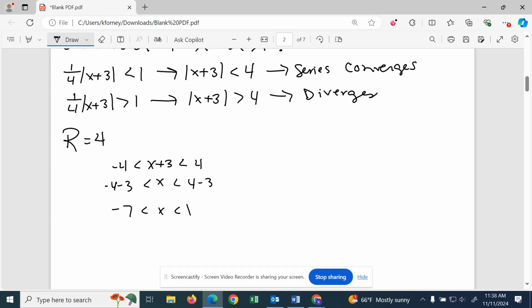All we need to do is determine if the power series will converge or diverge at the endpoints. These values of x will give L equals 1, so the way to determine convergence at these points is to plug them into the original power series and see if it converges or diverges using whatever test.